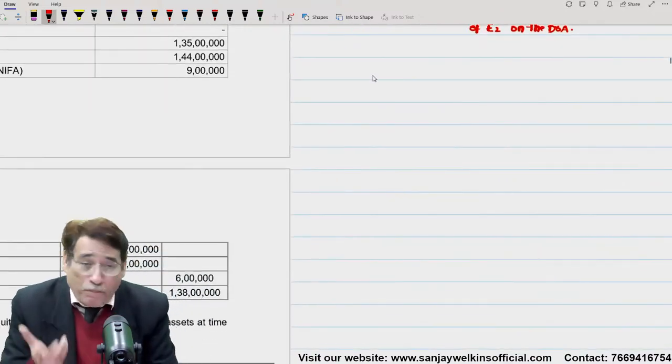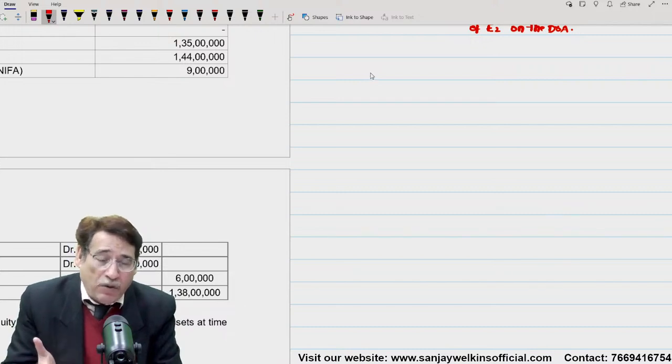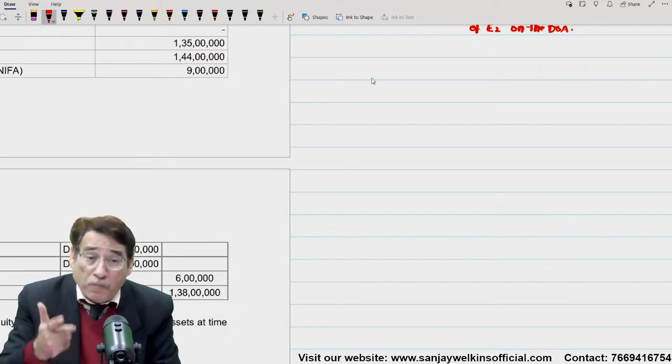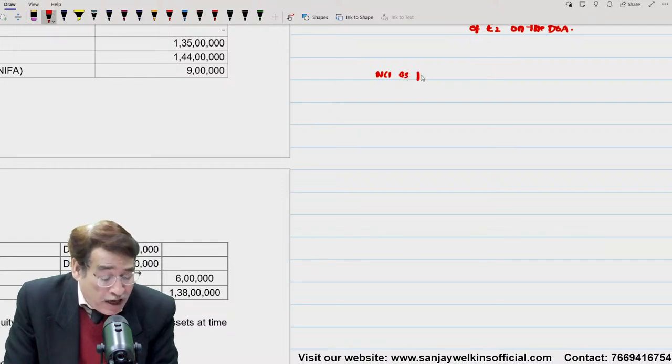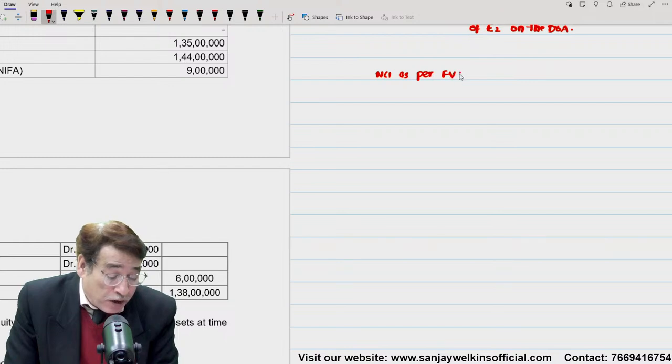However, we can compute the NCI, as I told you, as per fair value also. Suppose I would have computed NCI as per fair value, how would I have computed?